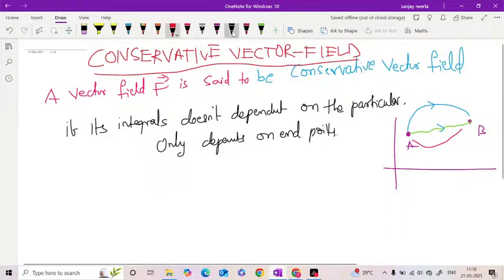And here is the necessary and sufficient condition for a conservative vector field.